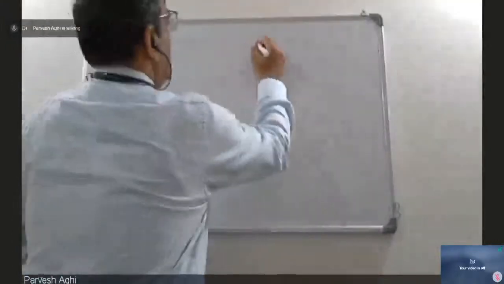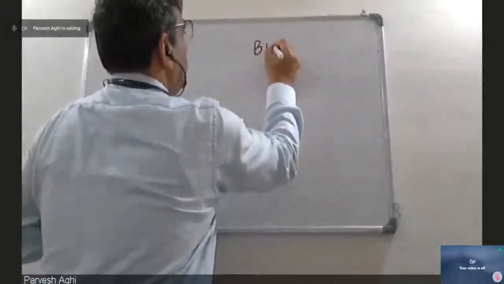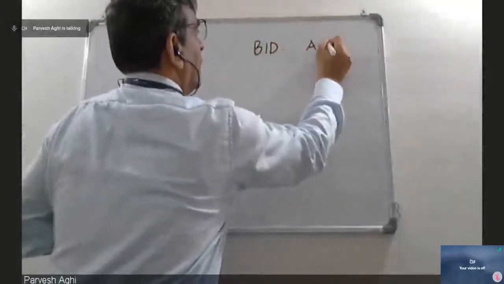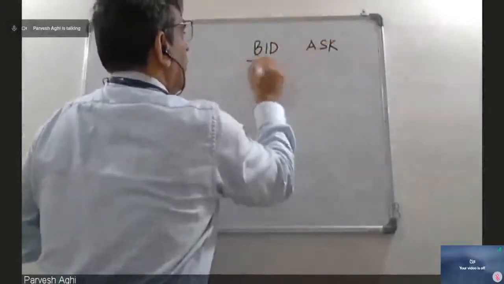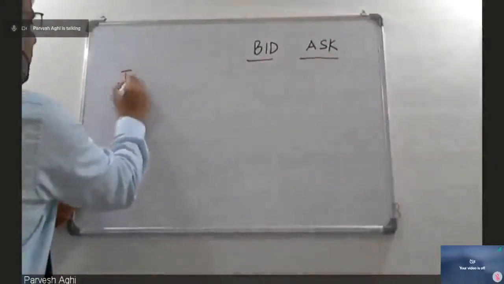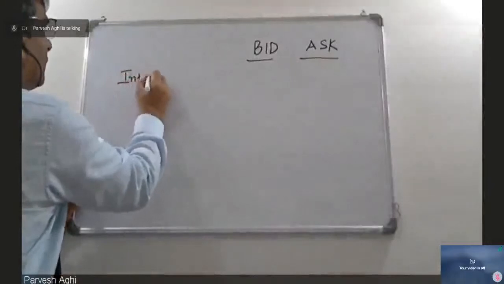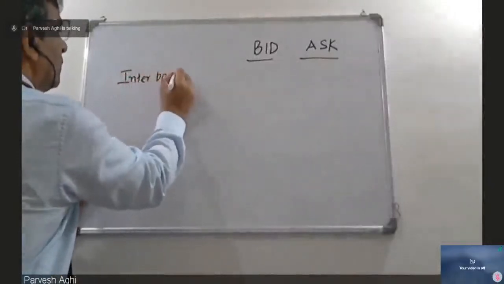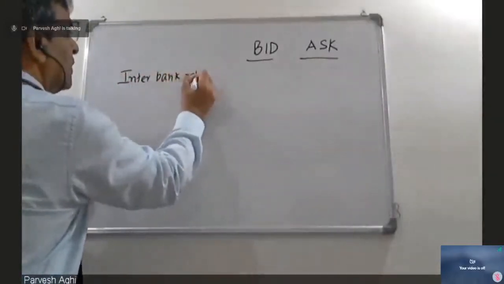So we put here bid and ask. What is given to us? The interbank rate, which is the spot rate.